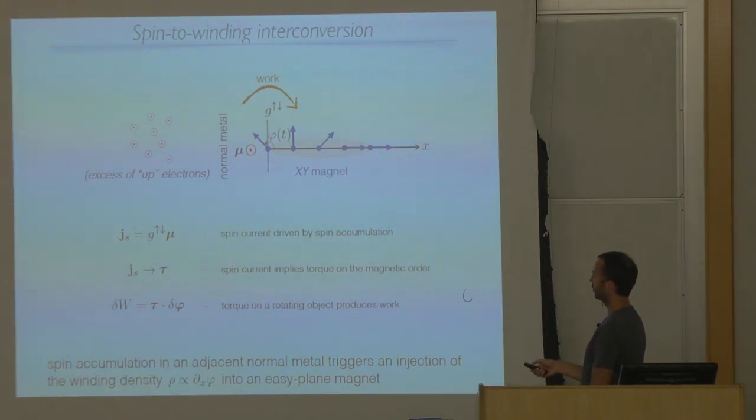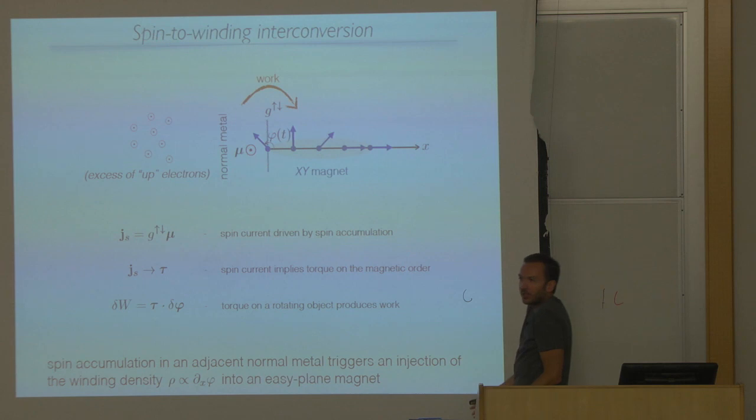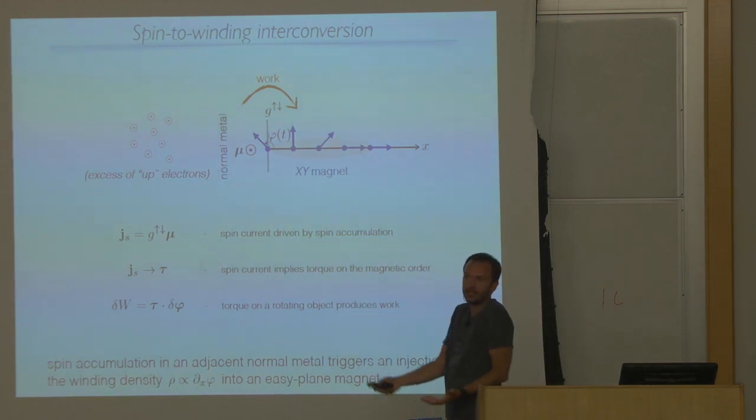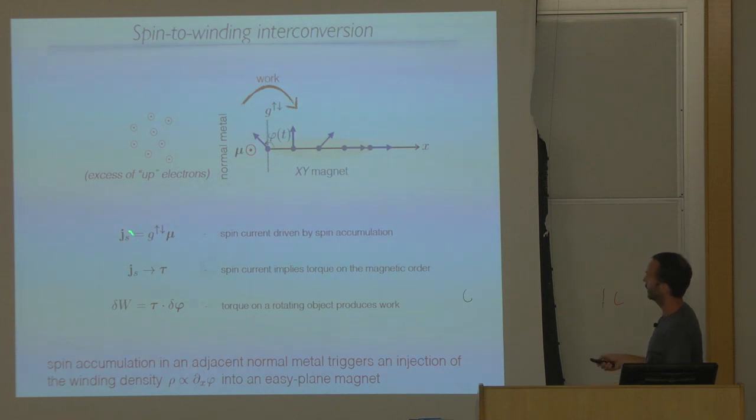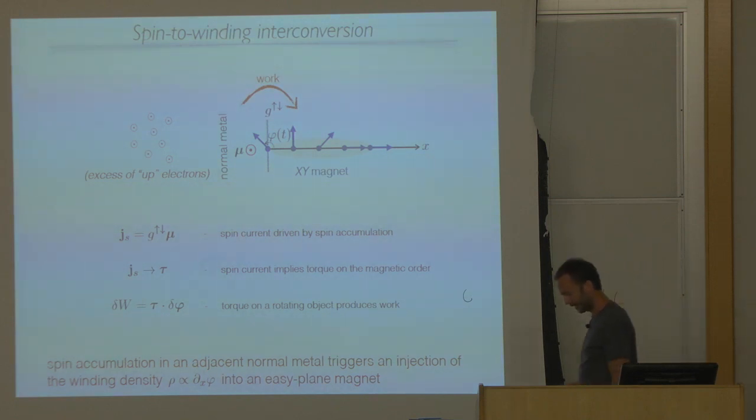So in a sense, I'm converting a bunch of spins from the previous slide into the winding, which by symmetries should work. It has the same geometrical structure. And indeed, it works. And we're thinking of it in the following sense.